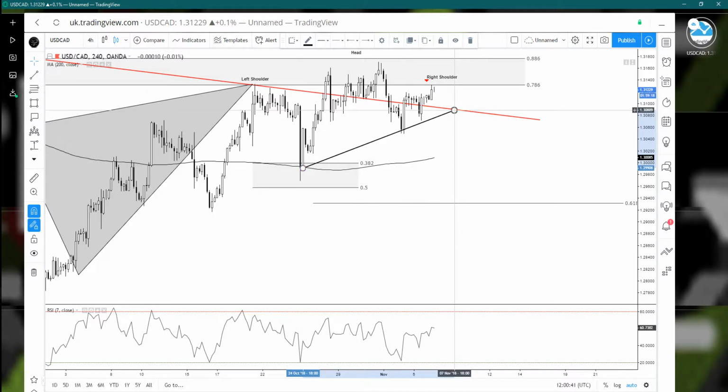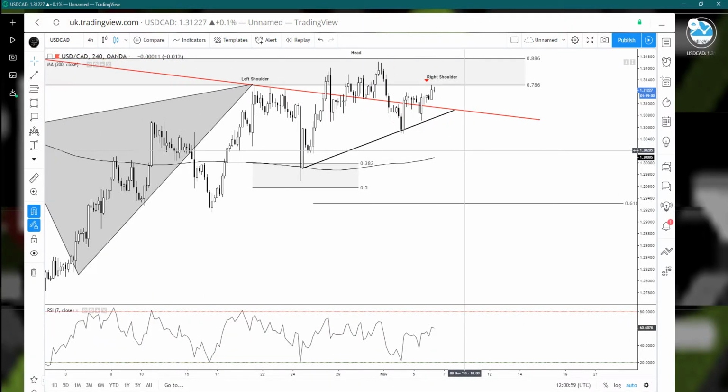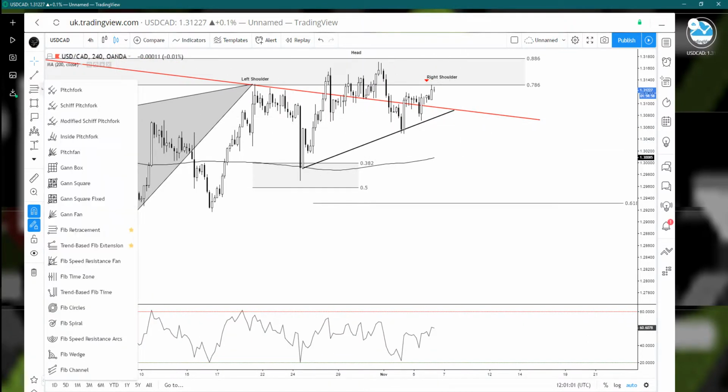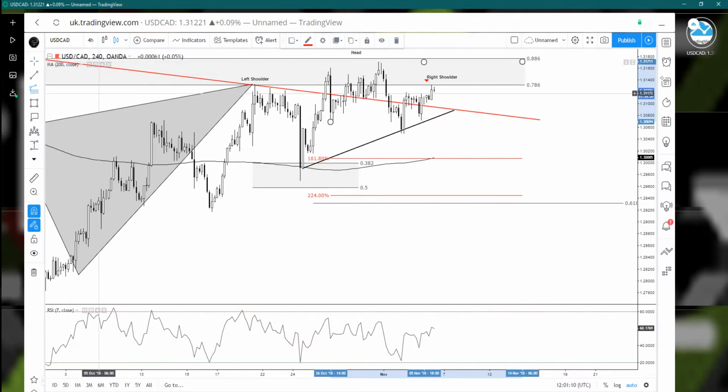So no matter what we see here, the market needs to violate this structure. Once the price violates this structure, it will increase the probabilities to trade even lower. At this point, it's not clear, and let me just measure this previous swing and project it below.